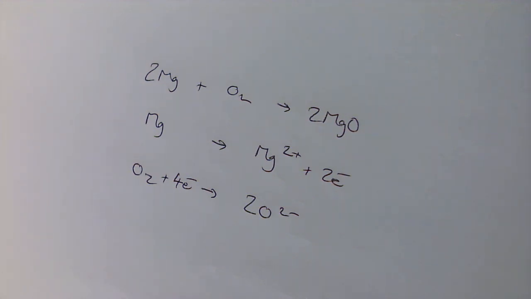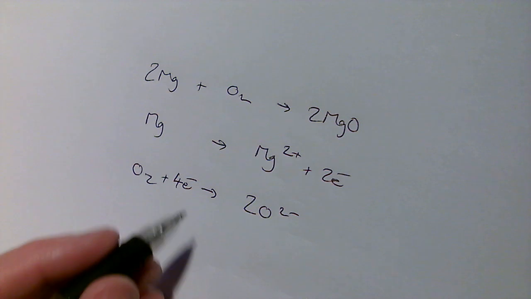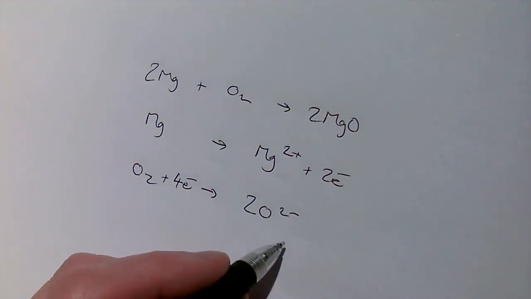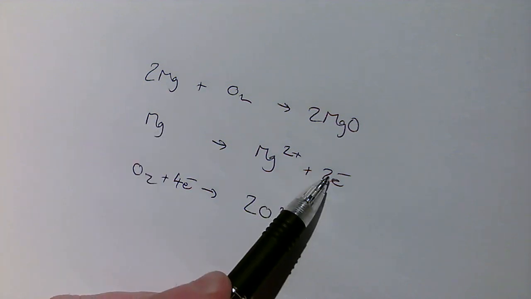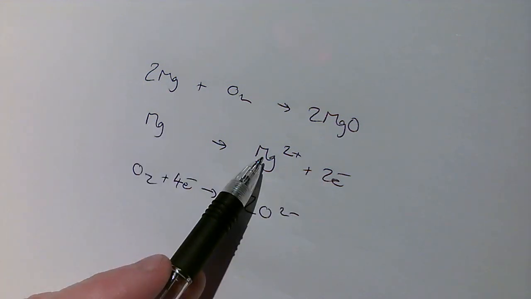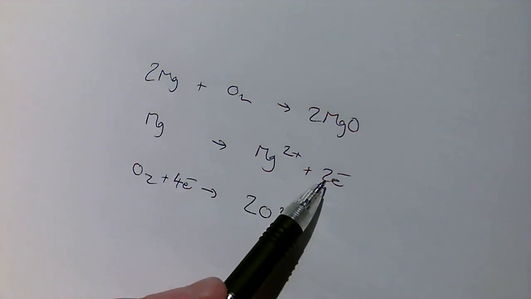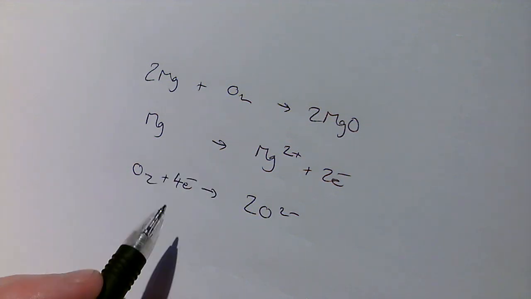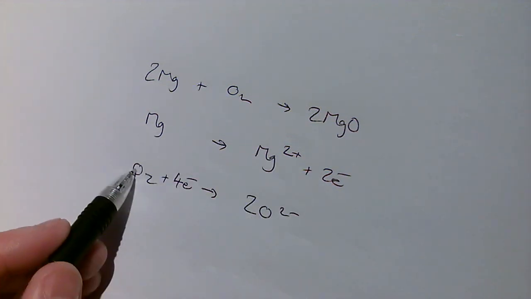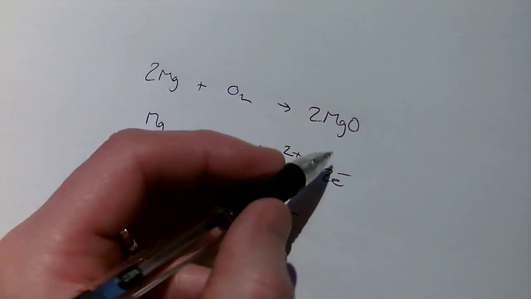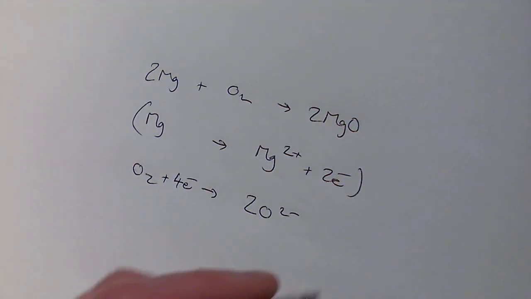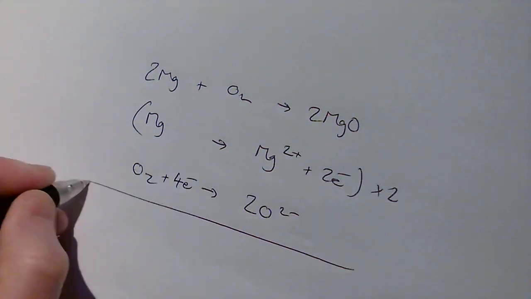Just for a bit of fun now, let's put these 2 half equations together and see what we get. If the magnesium is losing 2 electrons, every time a magnesium becomes an Mg2+, it loses 2 electrons. How many of these do I need to balance the electrons? Well, I've got 2 electrons there, I've got 4 electrons there, so I think if I multiply all of that by 2, this might just work.